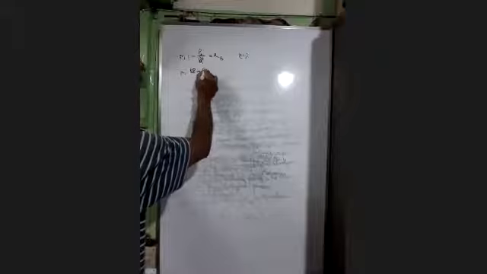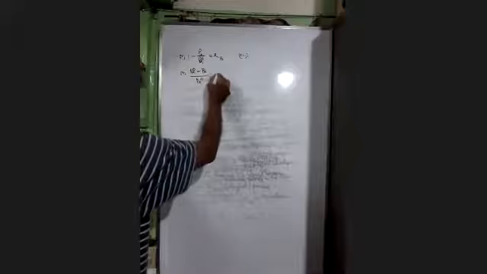I can write now. Hello, do you agree? Yes, sir. Okay, then see here, I'll take LCM. What will come now here? PA0 minus PA divided by PA0 will be chi B.